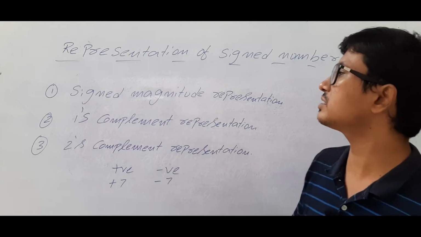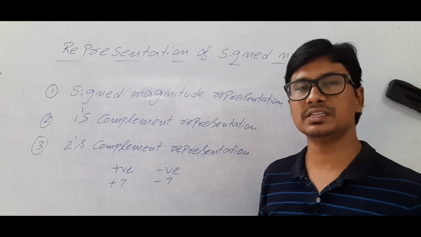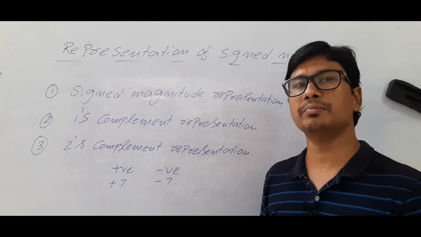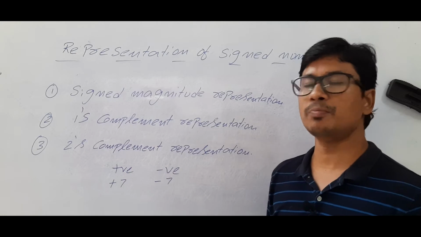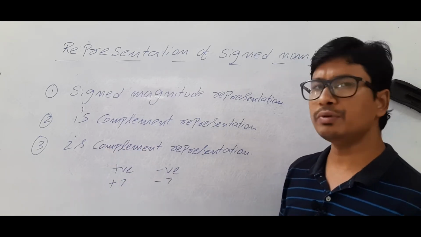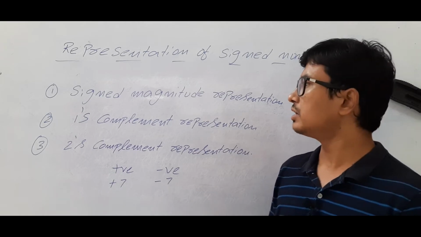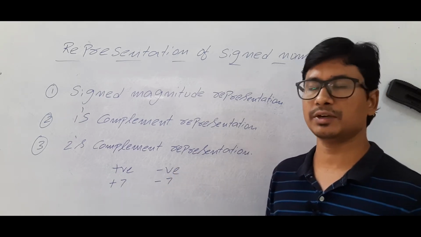The first one is the sign magnitude representation, meaning that we can represent a number, whether it is a positive number or a negative number, using sign magnitude representation, ones complement representation and twos complement representation. So we will discuss each one: sign magnitude, how to represent a positive number and how to represent a negative number.